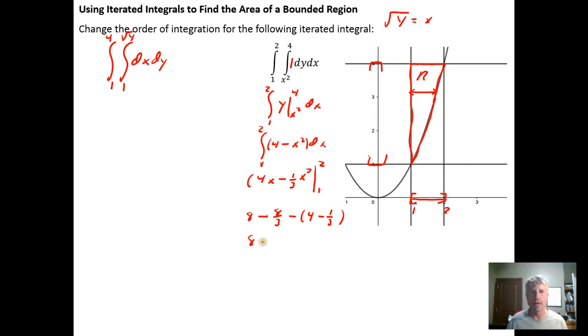And now just simplify. 8 minus 8/3 minus 4 plus 1/3. 8 minus 4 is 4. Minus 8/3 plus 1/3 is going to give us 7/3. And then with a common denominator, 4 would be 12 over 3. And 12 minus 7 is going to give us 5 over 3.